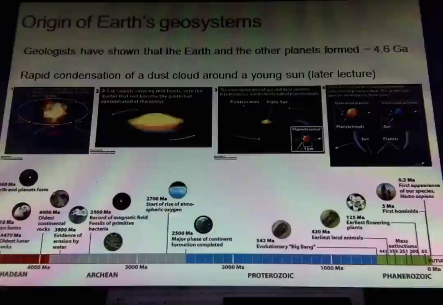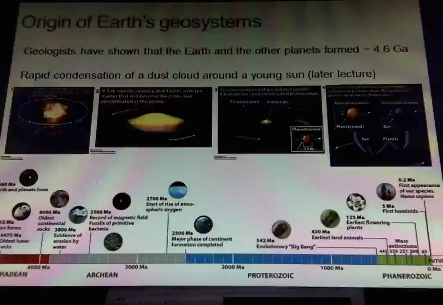So we know, looking at the origin of our geosystems here, the Earth and the other planets formed about 4.6 billion years ago, and there was intense condensation of dust cloud around a very young sun. Look at this again in later classes.